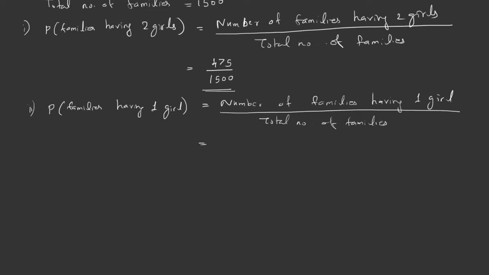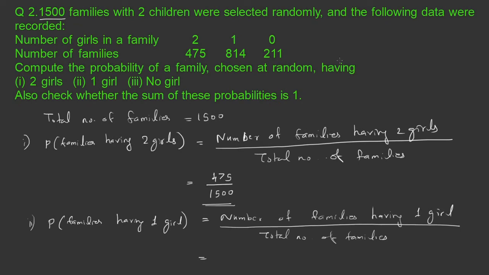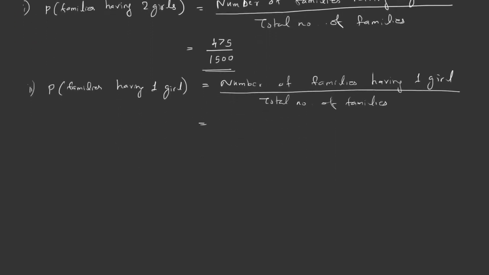From the data given here, I can easily find number of families having 1 girl is 814 and total number is 1,500. So, the answer is 814 divided by 1,500.